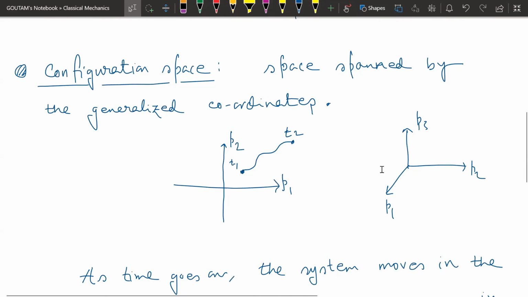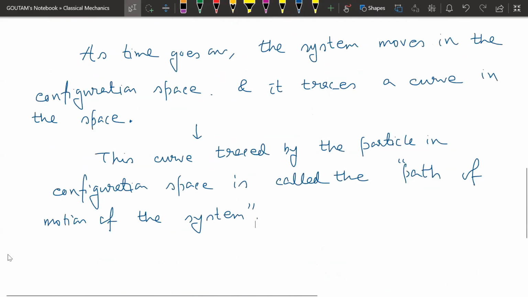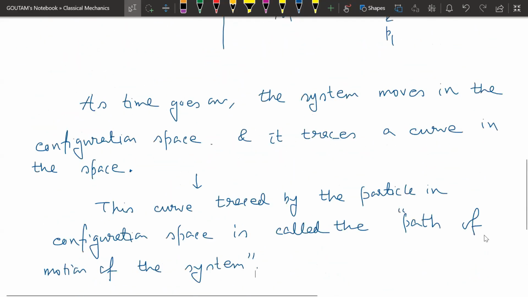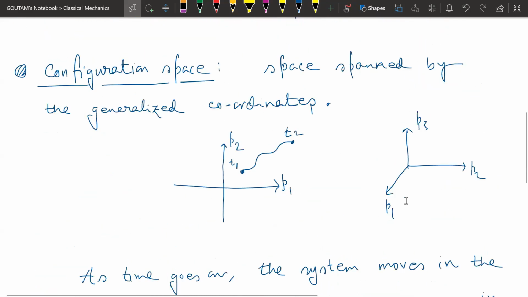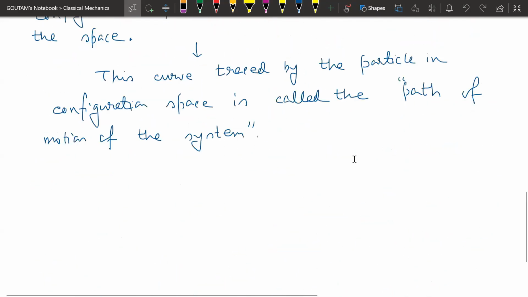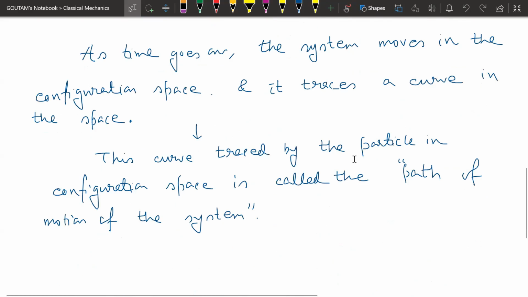This p1, p2, p3 can be angles, this can be anything. These are not always Cartesian coordinates. So in general, this path of motion of the system is not what we visually see while the particle moves in time.